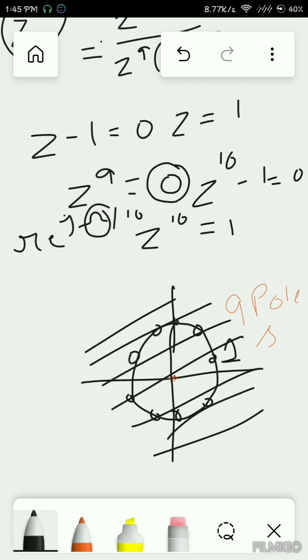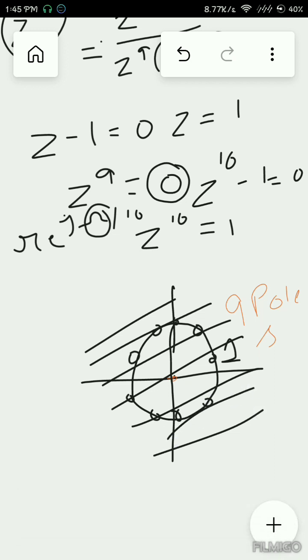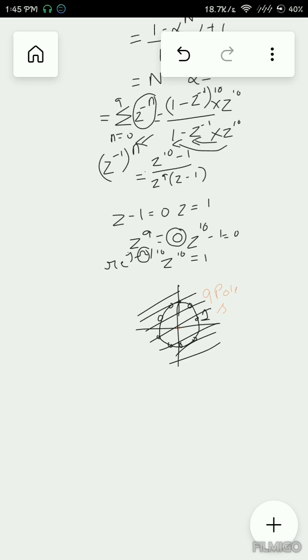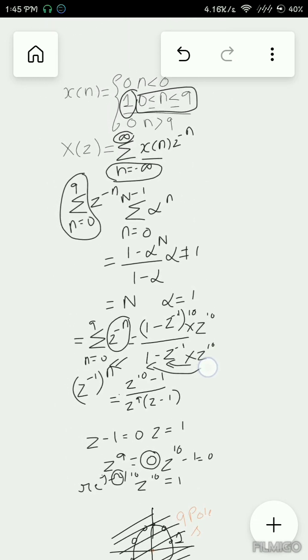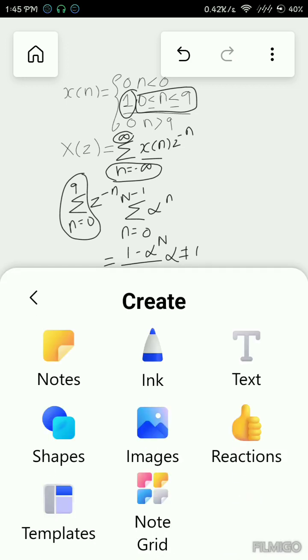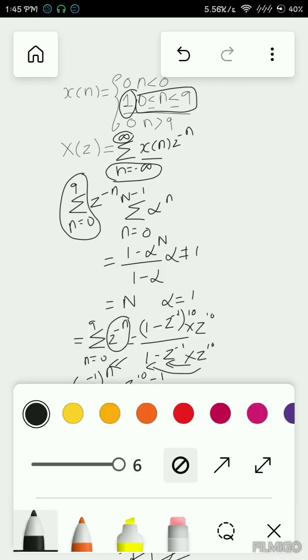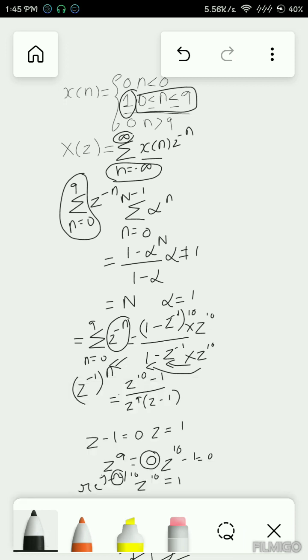Yes. So now coming on to this particular problem, I'm going to re-brief you once again. Your x of n is equal to 0 for n less than 0, it is 1 for 0 less than or equal to n less than or equal to 9, and it is 0 for n greater than 9, right?